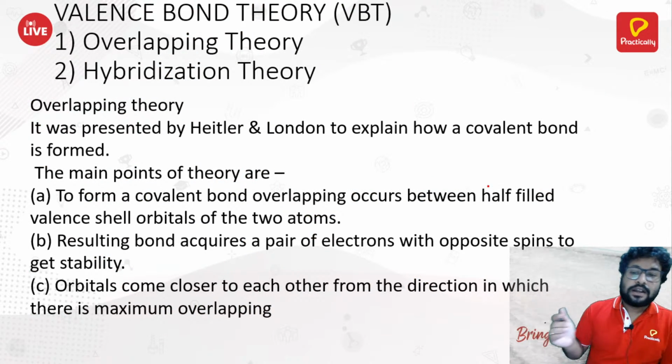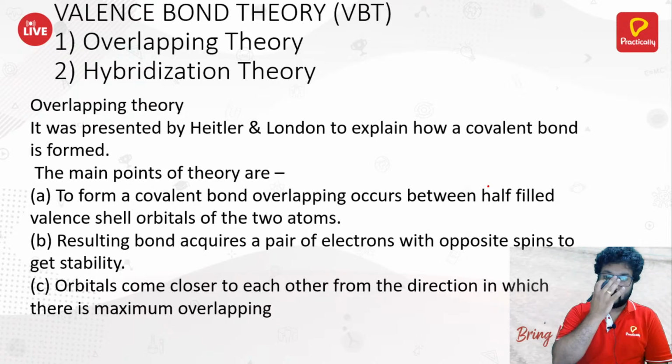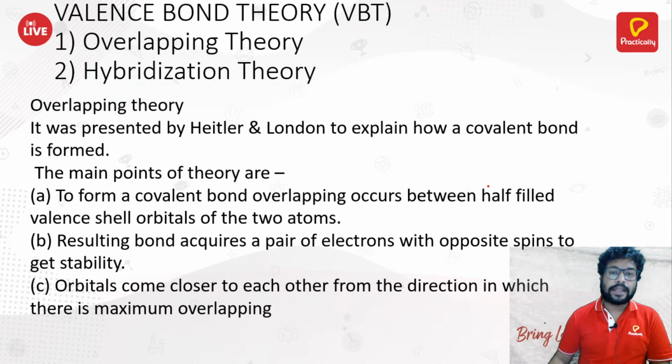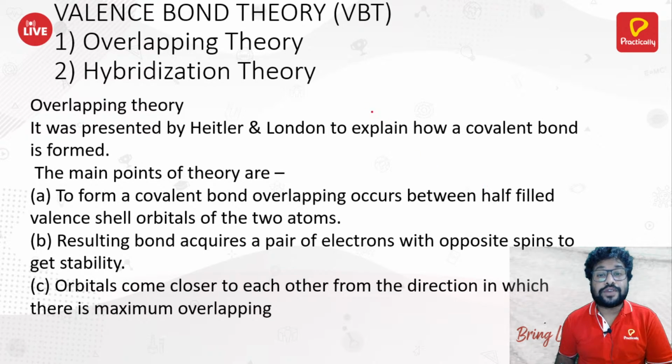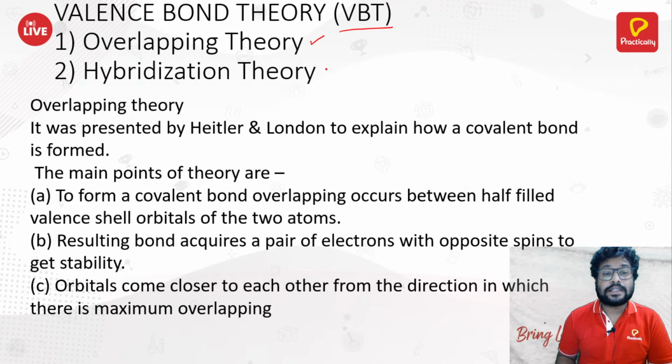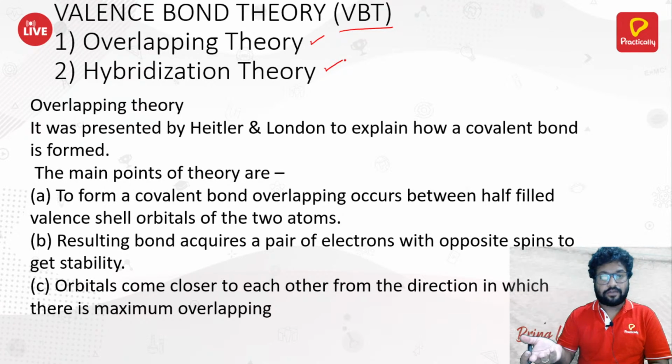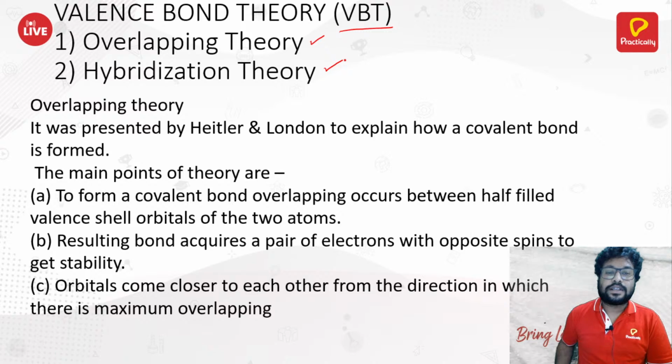Now there comes the valence bond theory, the most celebrated and most important theory of all. Valence bond theory has been divided into two parts. One is the overlapping theory, another is the hybridization theory. Hybridization theory we will see shortly, but let's see the overlapping theory first.